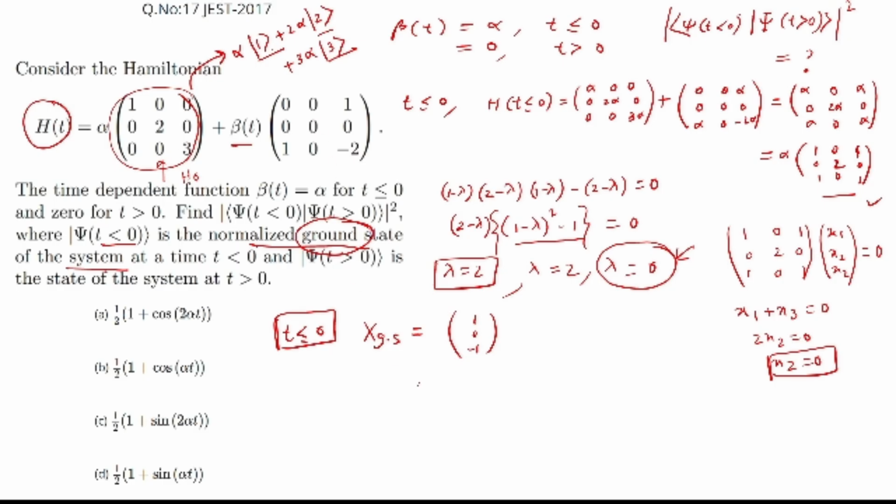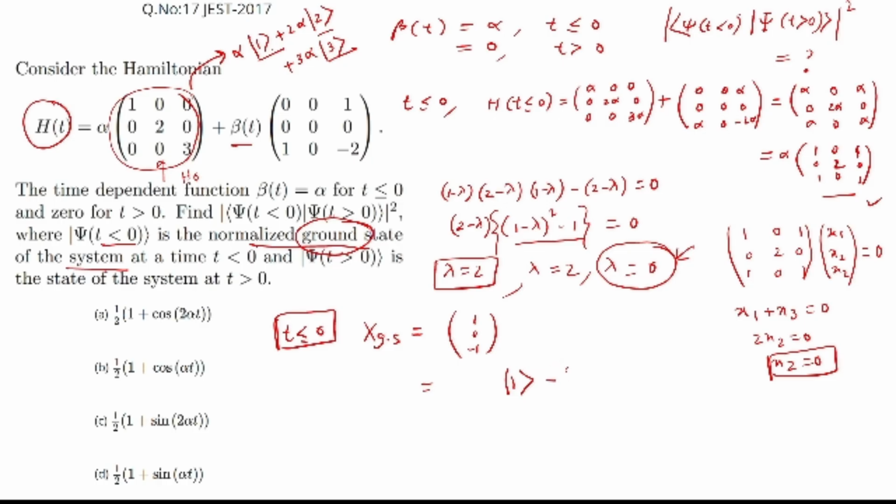So can we write the ground state in the basis k1, k2, k3? Since k1 is 1 0 0, we have k1, and 0 0 minus 1 is minus k3, since k3 is 0 0 1.